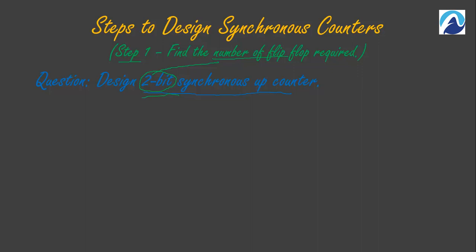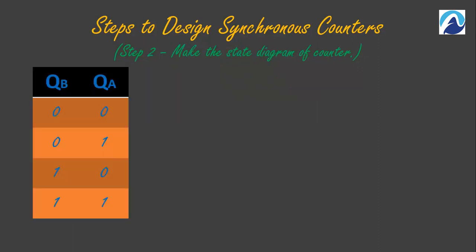So for this example, we require 2 flip-flops. If I need to design a 3-bit counter, then I require 3 flip-flops, and for a 4-bit counter, I require 4 flip-flops. So in this first step, my answer is that I require 2 flip-flops.